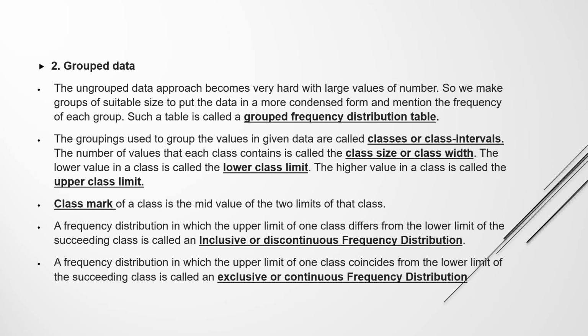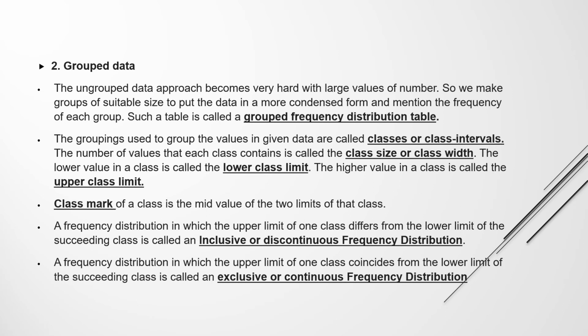Now, one more term comes when we are discussing grouped data. We can group the data in two forms, in inclusive form or in exclusive form. Okay, so what is the inclusive form? It means discontinuous frequency distribution, that the frequency distribution is not continuous.